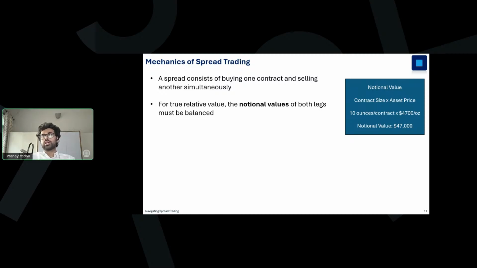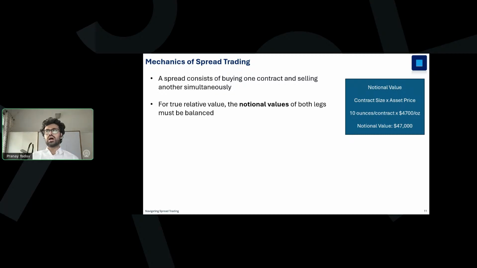Let's start with what notional value actually means. Notional value is just the value that you're getting exposure to. Now, when you're going long on a gold futures contract, in this case, the micro CME gold futures, you're getting exposure to 10 ounces of gold per CME micro gold contract, right? You're getting exposure to 10 ounces per contract.